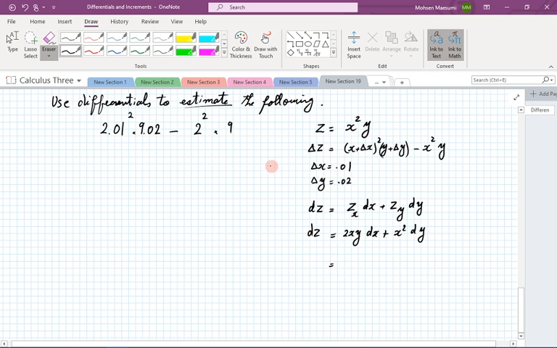Now we put our quantities in it. Let's put it next to this. x was 2 and y was 9. So here we put our numbers: x is replaced by 2, y is replaced by 9.